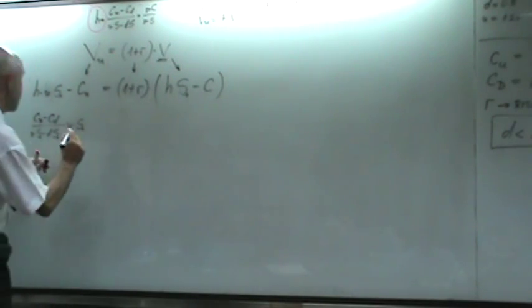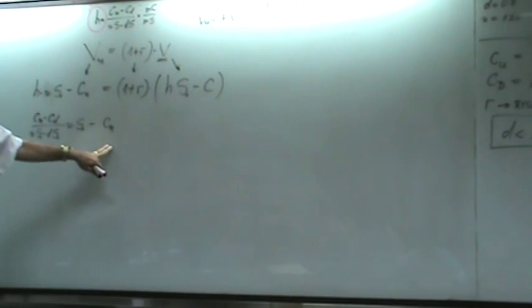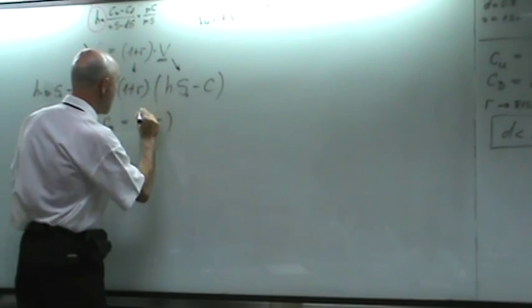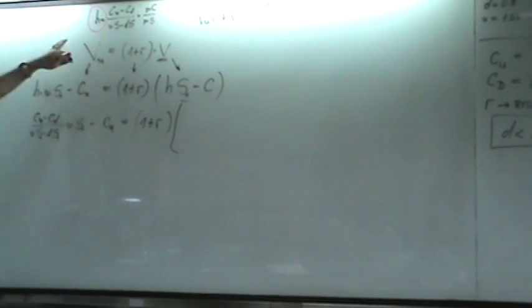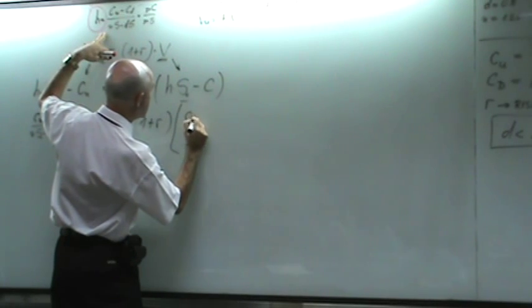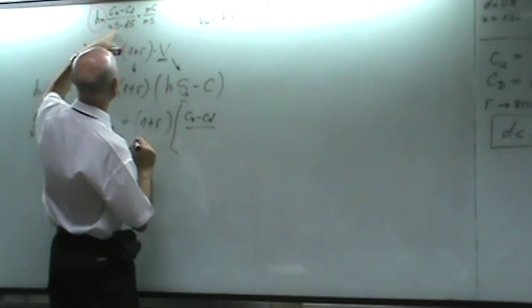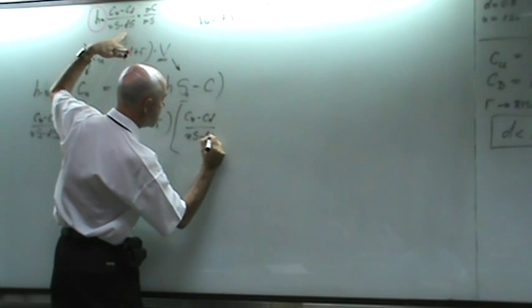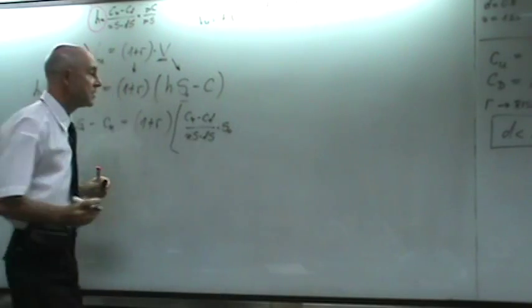Then I got minus CU equals 1 plus R. And then again, you have to copy H, which becomes CU minus CD divided by US minus DS times S0.